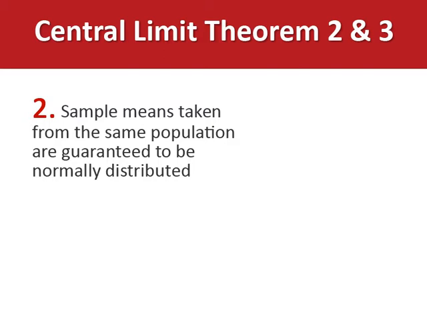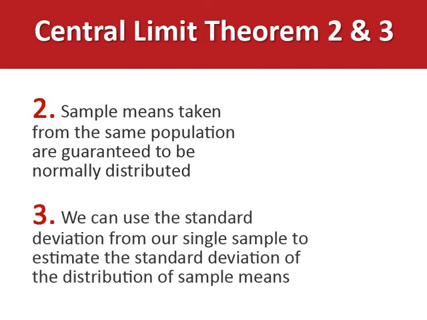But we know already that we must be very careful and always collect large representative samples. If we don't commit to doing at least this much, we are wasting our time with analytics. Third, we can use the standard deviation from our single sample to estimate the standard deviation, or sometimes it's called the standard error, of the distribution of sample means.